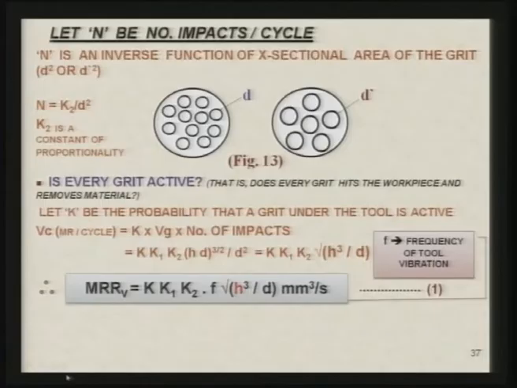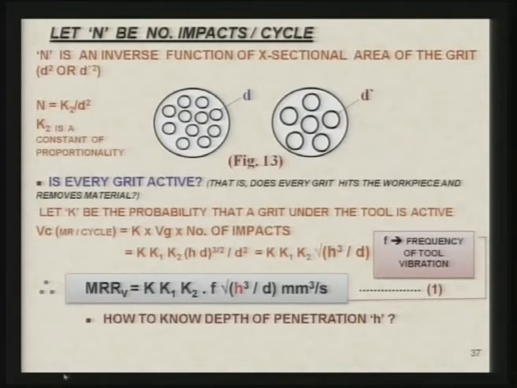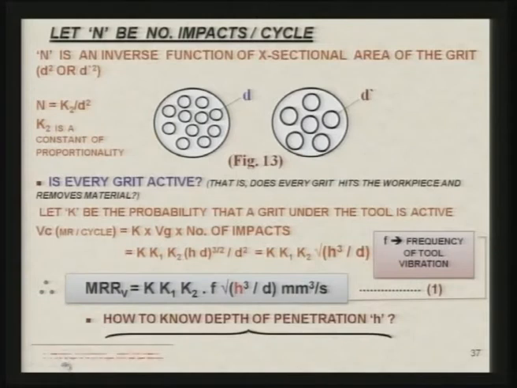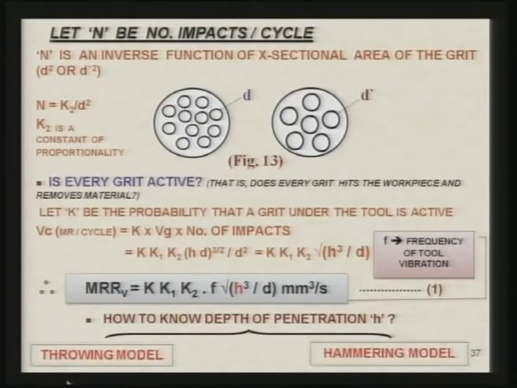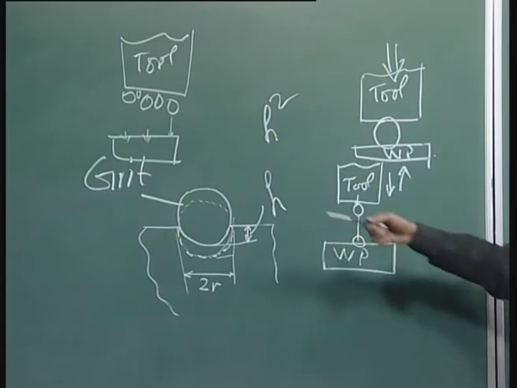So, we will be using two different models. The question arises how to know the depth of penetration. There are two models proposed by Professor M.C. Shaw. One is the throwing model, another is the hammering model, which I have already explained to you.